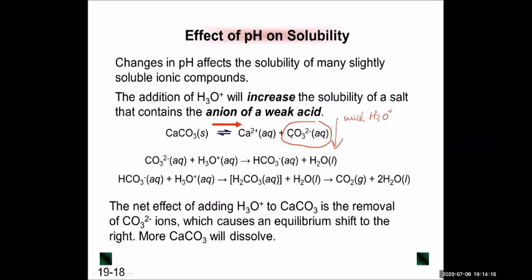The first one is with calcium. The other one is with hydronium, with acid. And so if you increase one of the competing equilibriums, that will help drive down the concentration of the carbonate, and that'll cause more dissolving.